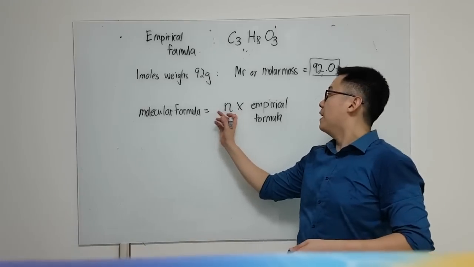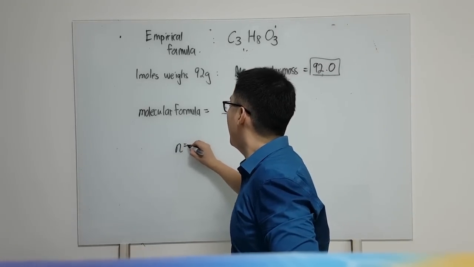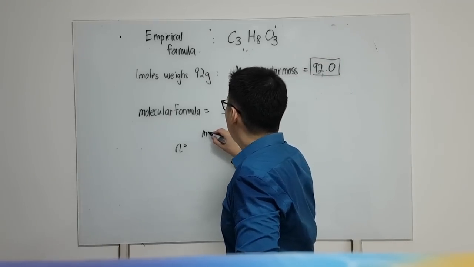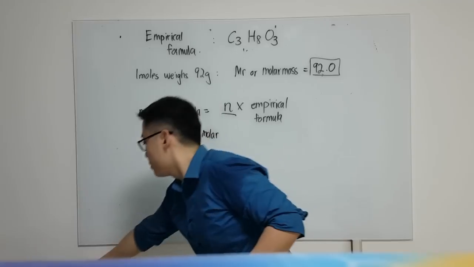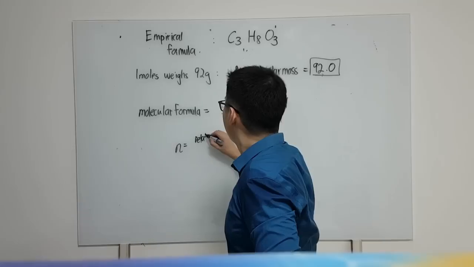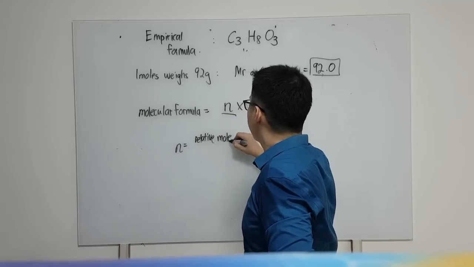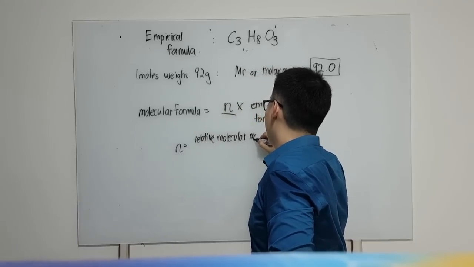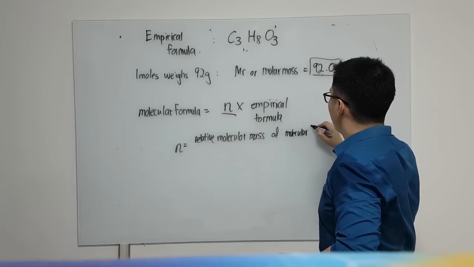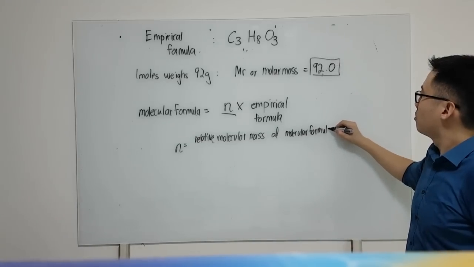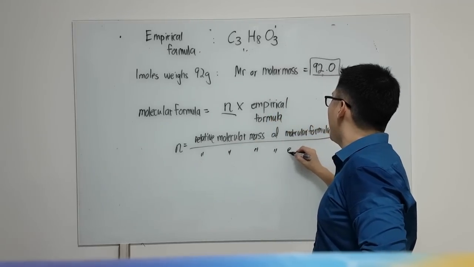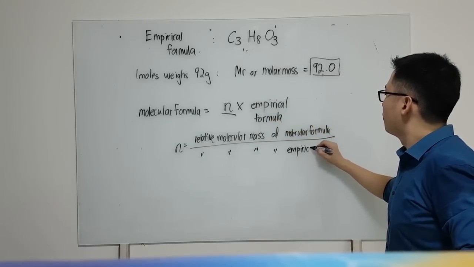Now, in order to find n, this n is actually equal to the relative molecular mass of the molecular formula divided by the relative molecular mass of the empirical formula.